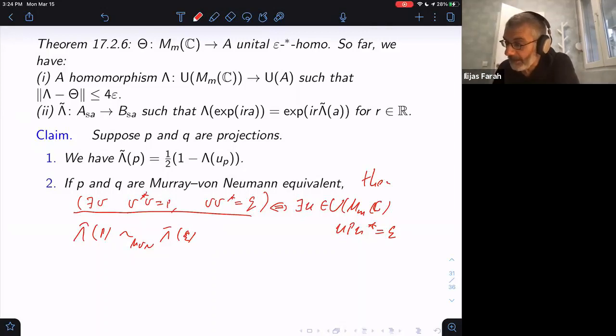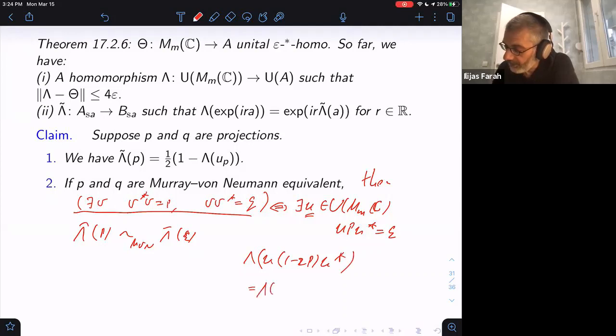Okay, and now because our lambda is a group homomorphism, if we fix this unitary U, look at lambda of U(1 - 2P)U*.